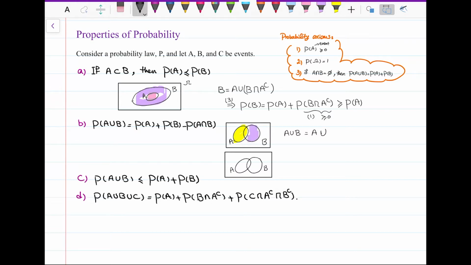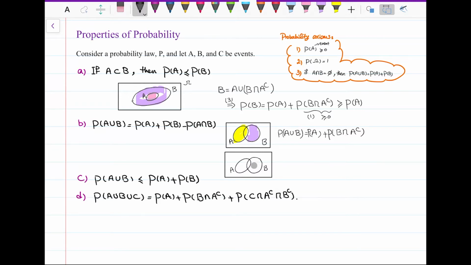This part in here is B intersection with A complement, the elements of B that are not in A. So this is the purple area. So A union B is the union of two disjoint sets, as you see here. Based on axiom 3, if we have two disjoint sets, the probabilities would be their summation. So probability of A union B is probability of A plus probability of B intersection with A complement.